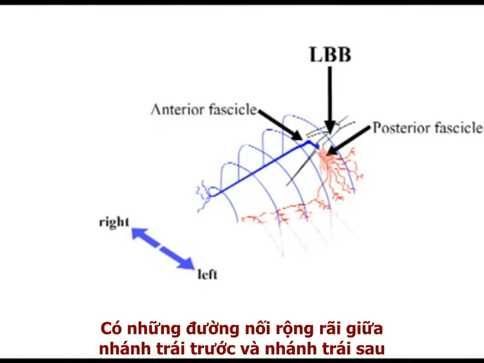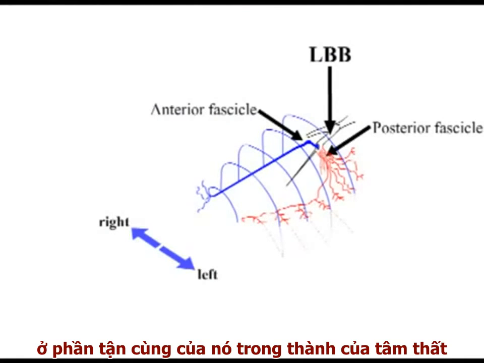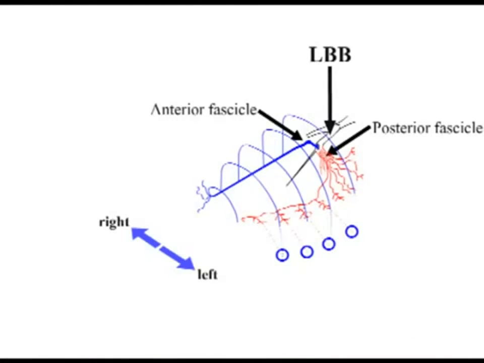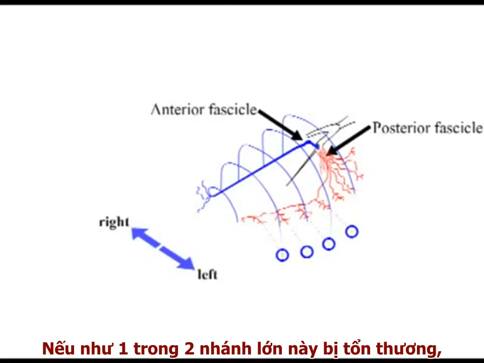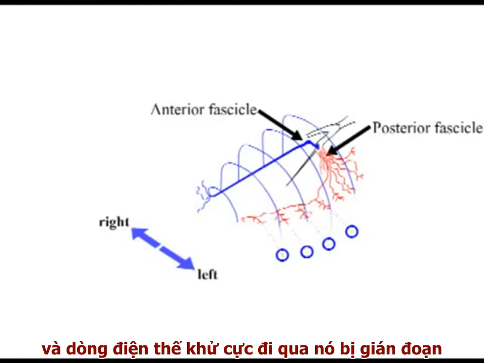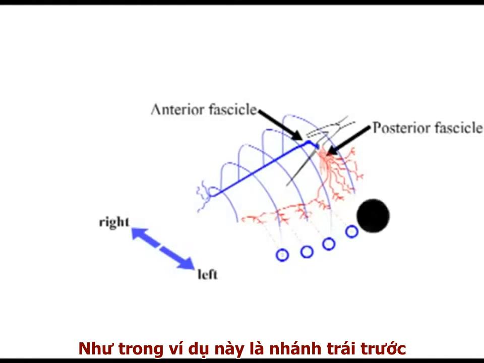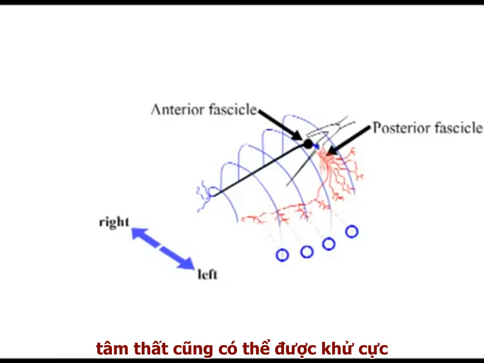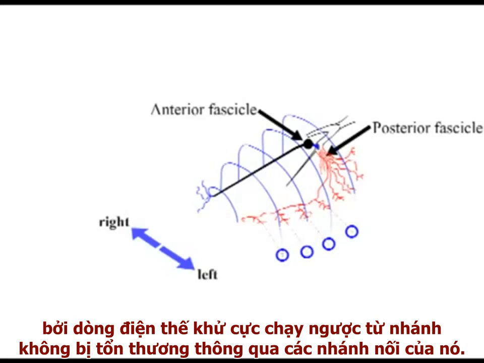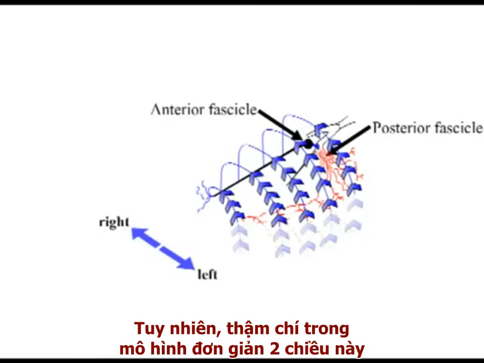There are extensive anastomoses between the anterior and posterior systems at their termination in the wall of the left ventricle. If one of these major branches is damaged and flow through it blocked, in the example shown here, the left anterior fascicle, the ventricle can be depolarized by retrograde flow of depolarization from the intact branch via these anastomoses.